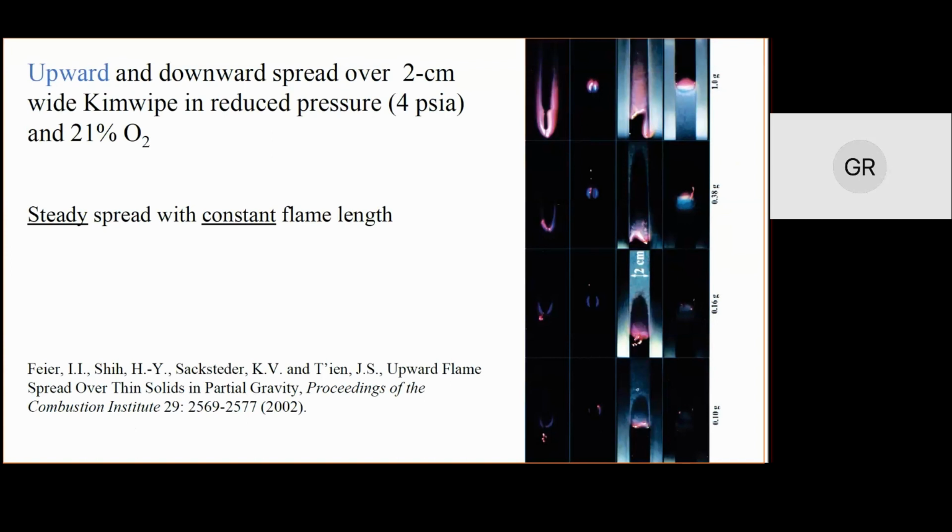That's a constant flame length, so this is called steady spread and constant flame length. We can do that with reduced pressure and a narrow sample. If you look at some of the figures, the left one is the side view of the upward case at different gravity, and the second one from the left is downward. I would forget about the others. We'll see that later.